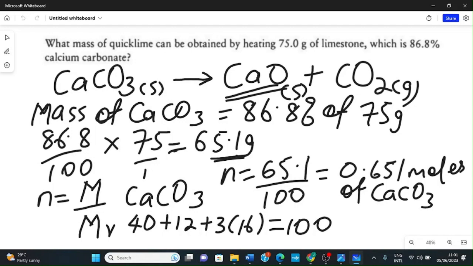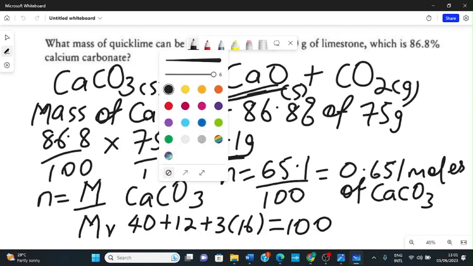So we're looking at the mass of what? Calcium oxide. So we're going to calculate what? The number of moles of what? Calcium oxide. Then we can calculate the mass of calcium oxide. So I'm going to erase this for me to have enough space. So please, I want us to listen attentively. It's as simple as what?